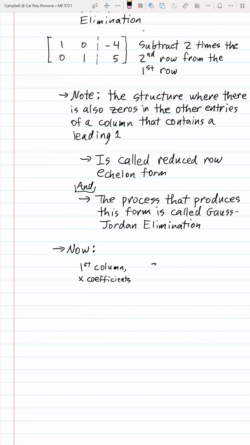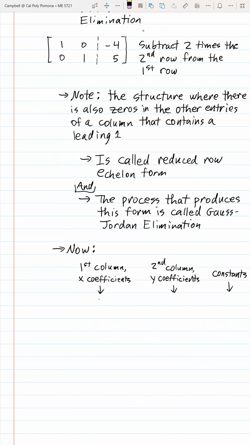The second column captures the y coefficients, or the coefficients of y. And then the last column captures the constants. And we'll talk a little bit more about the constants a bit later in this lecture.